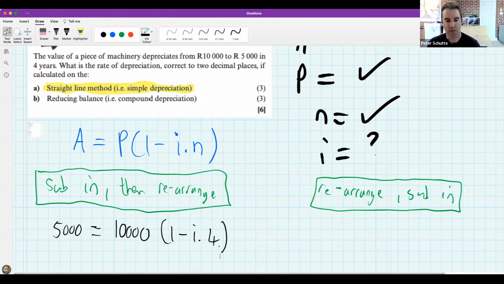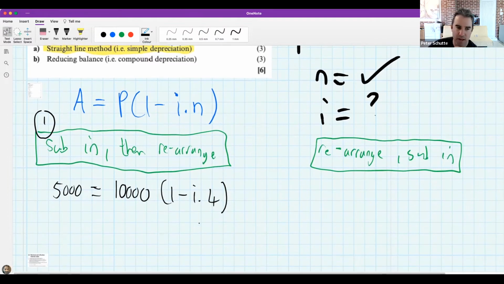So that's what I would have got if you sub in. I'll call this method 1. Some of you may want to rearrange it first and then sub in. I don't know which method you would prefer, but for now, I'll just stay with method 1, unless there's a question that wants me to do it with method 2.